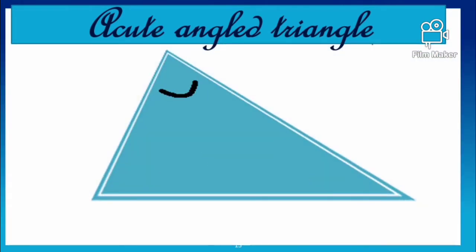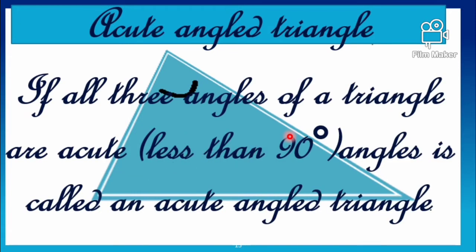In this figure you can see all angles are less than 90 degree. If a triangle has all acute angles like this, all angles are less than 90 degree, that type of triangle is called an acute angle triangle.